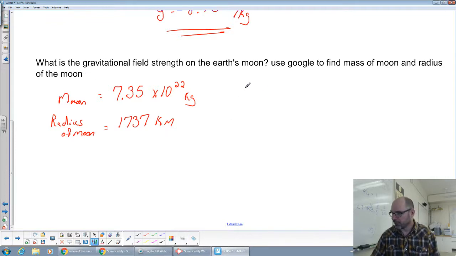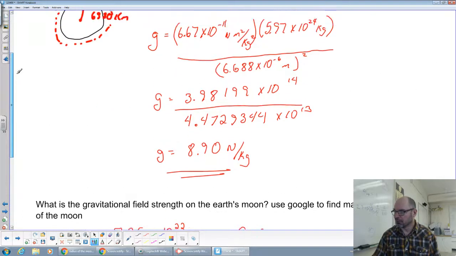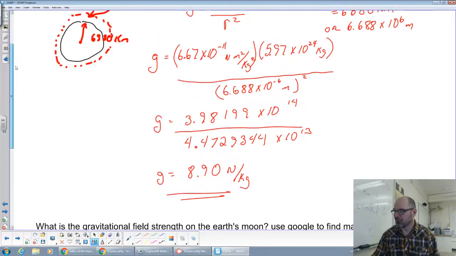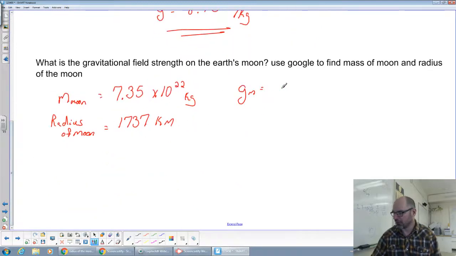Okay, so the gravitational field strength of the moon is going to equal, what was it here? G times the mass of the moon divided by the radius of the moon squared.